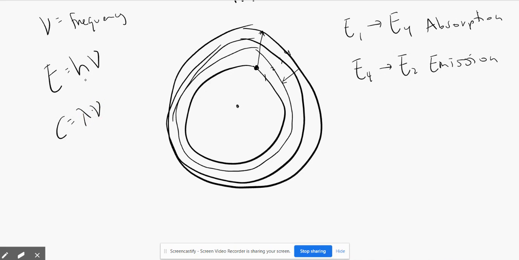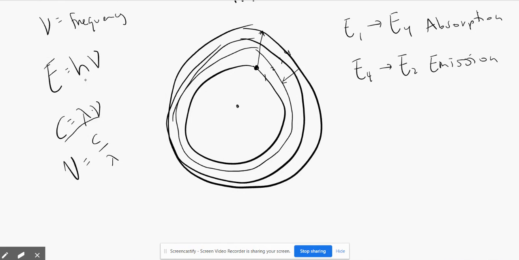So with this other equation, if I wanted the wavelength instead of the energy, I can solve this for wavelength, which is going to equal, sorry, this is not helpful. What I wanted to do is solve for nu, which is c over lambda.